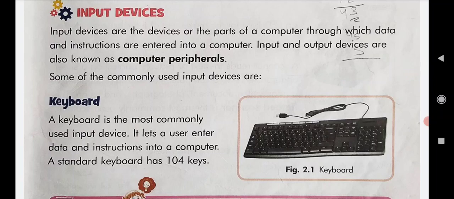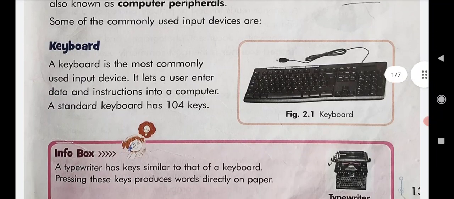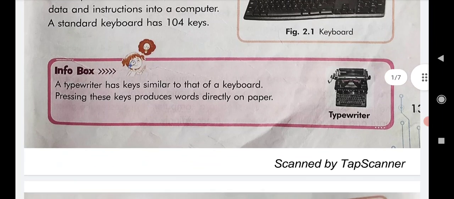Some commonly used input devices are, for example, the keyboard. Keyboard is the most commonly used input device. It has 104 standard keys. A typewriter has keys similar to those of a keyboard.